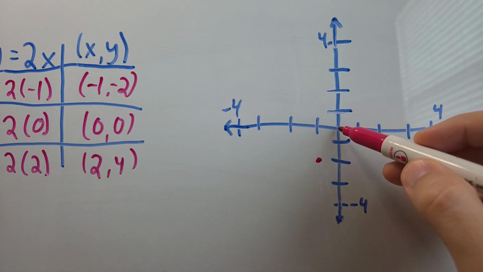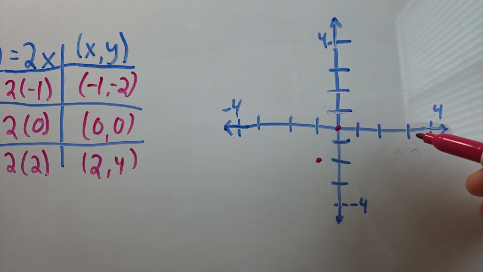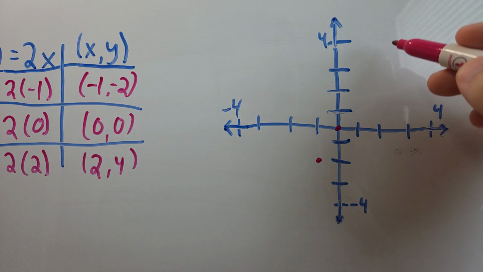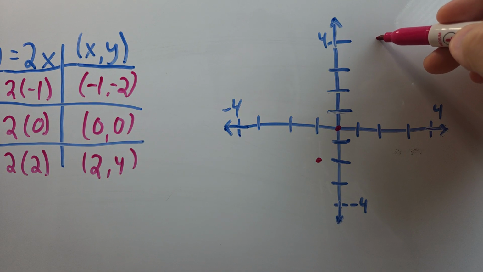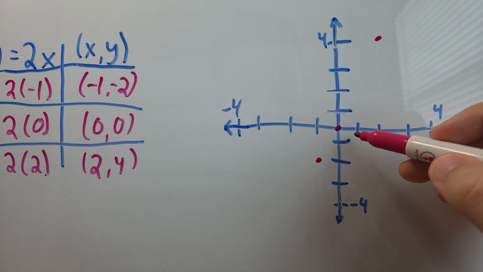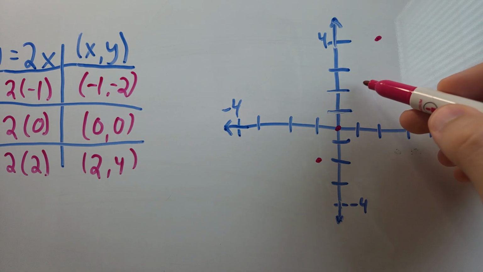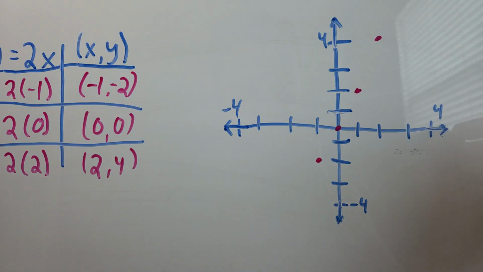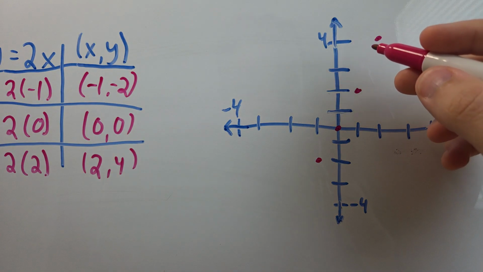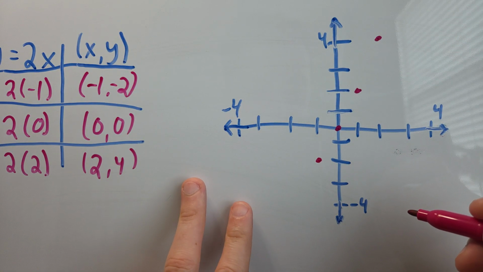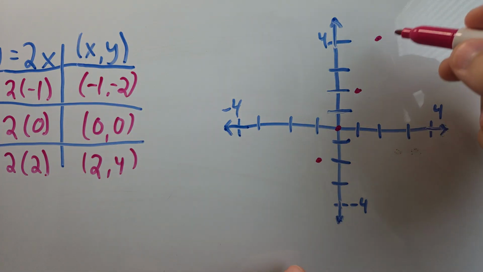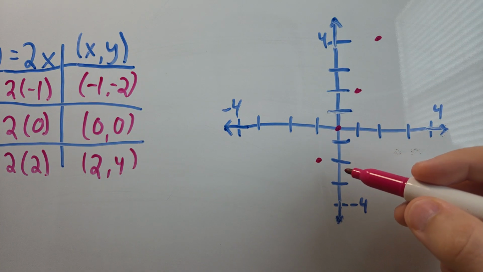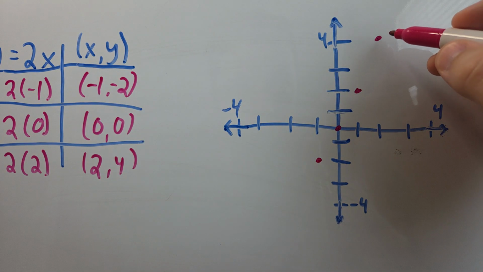And then the origin, 0, 0, and then 2, 4. If I plugged in 1, that would have been the point 1, 2. So I'll just go ahead and put that in here too. You need 2 points to make a line. Here I plugged in 4, so we can get a general picture as to how this graph looks.